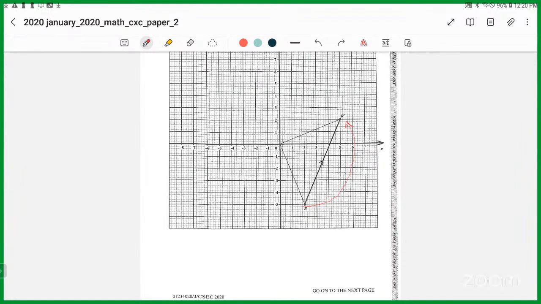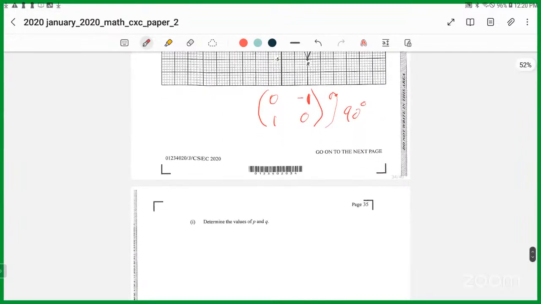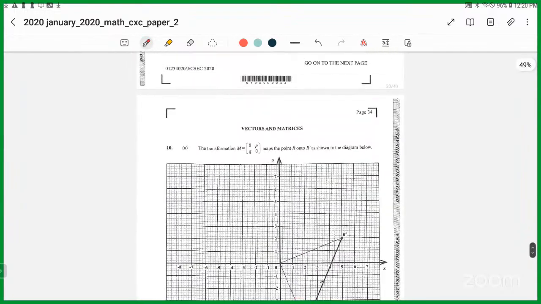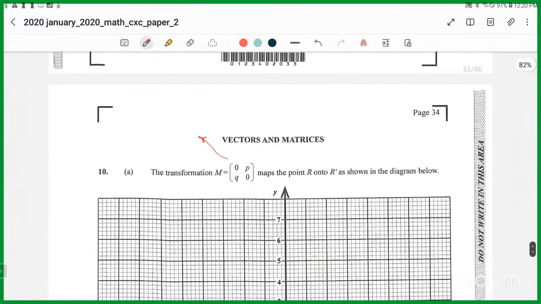There's the anti-clockwise 90-degree rotation about the origin. So it's an anti-clockwise 90 degrees rotation about the origin. Negative 1 is here, 1 is here, 0, 0. Know the matrix and everything gets easy. So what did they give us? They give us P up here, and Q down here. We're saying that this matrix is 0, negative 1, 1, 0.